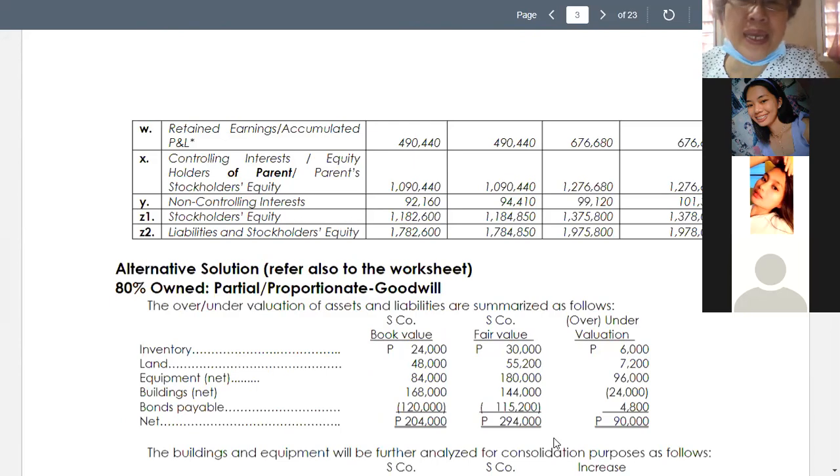Retained earnings beginning of P, 360,000. And then we add a share in the subsidiary net income of 202,440. So we now get the total of 562,440. We deduct dividends.